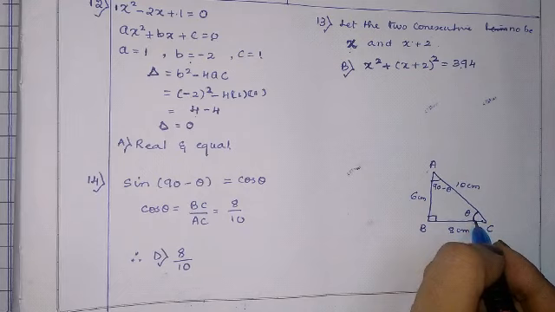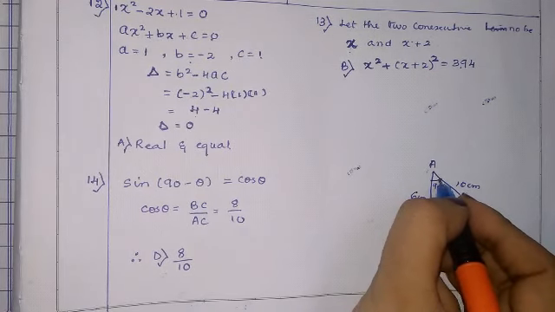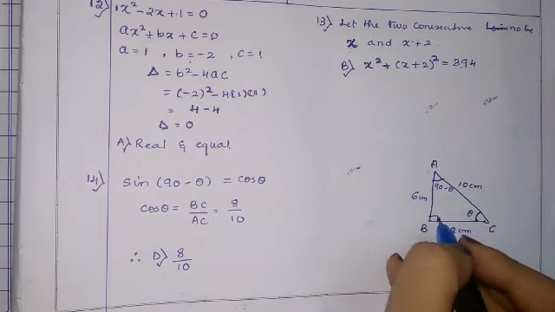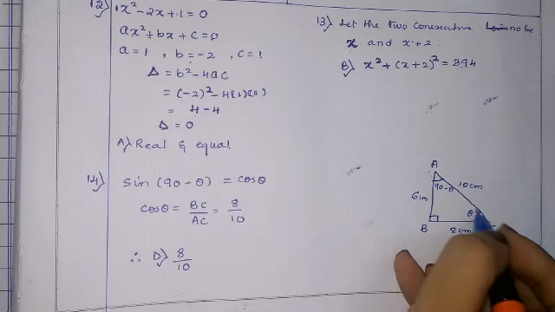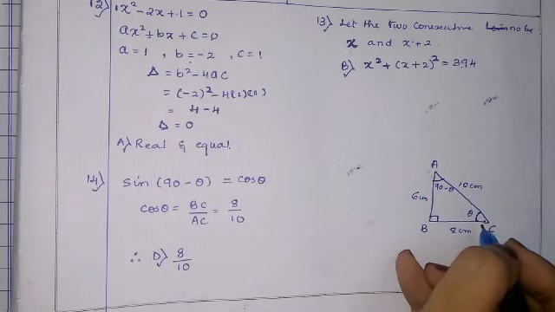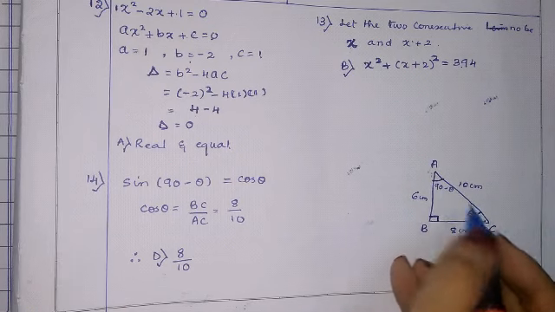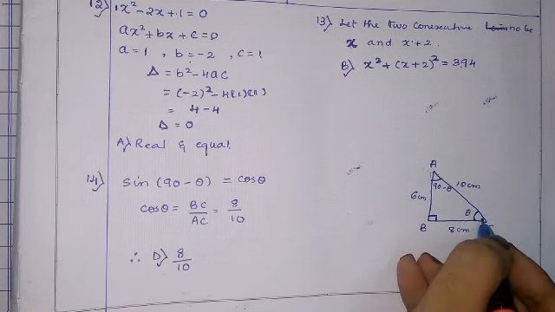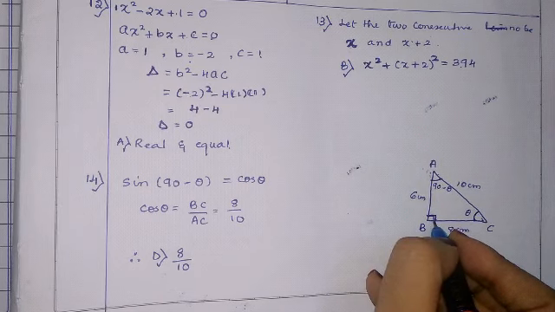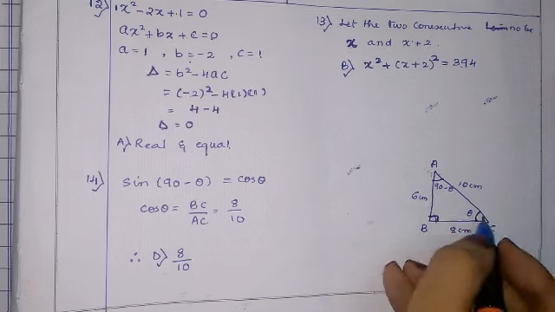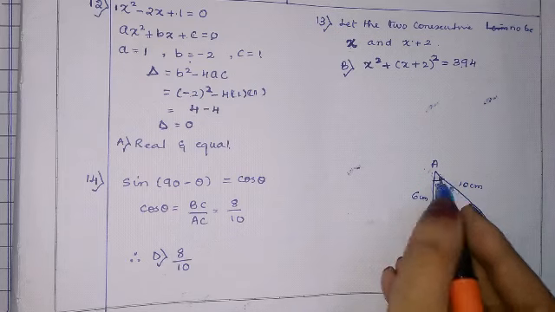If this is theta, we know that this is 90 minus theta. How do we know? Because the sum of all angles of a triangle is 180 degrees. So if this is 90, the sum of these two angles should be 90.